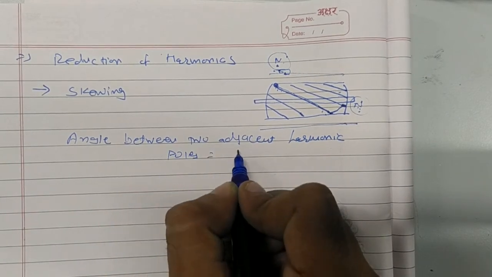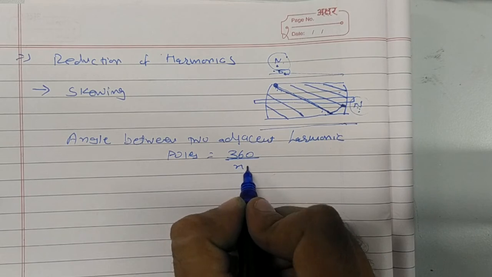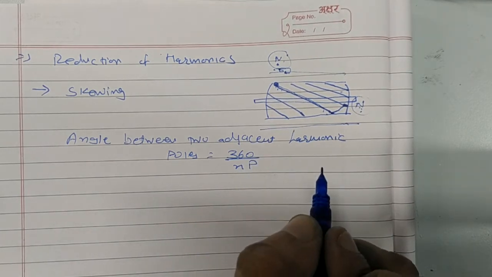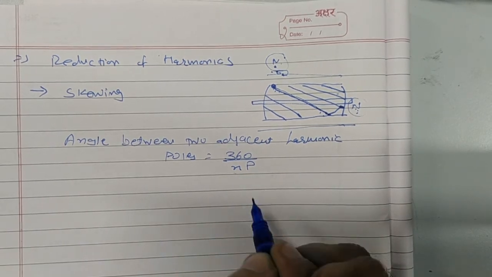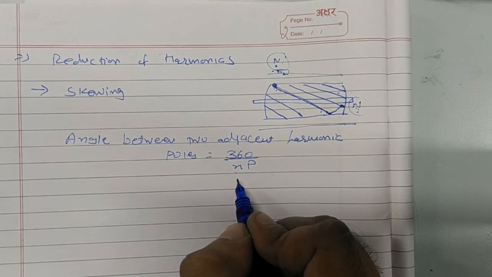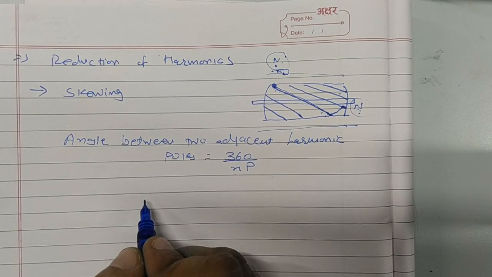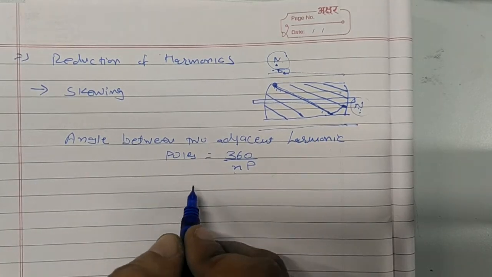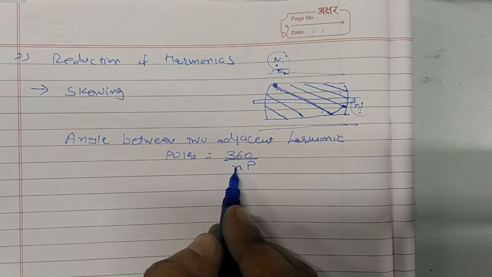It is given by 360 by NP, where P is the number of poles and N is the order of the harmonic that you want to eliminate. So this is the angle between adjacent poles falling under the same harmonic.